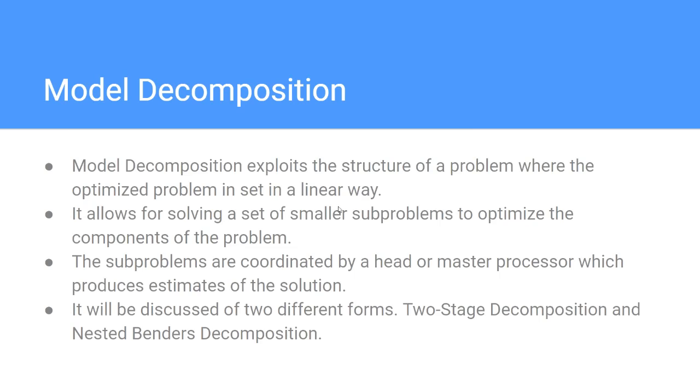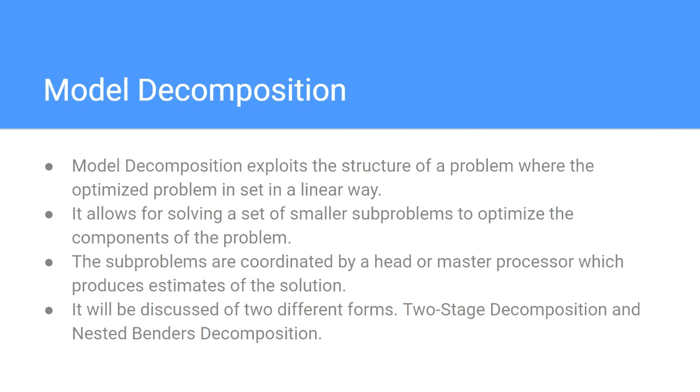So we're going to talk about model decomposition. Model decomposition exploits the structure of a problem where the optimization problem is set up in a linear way. It allows for solving a set of smaller subproblems to optimize the components of the problem.